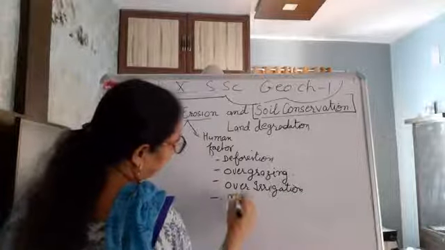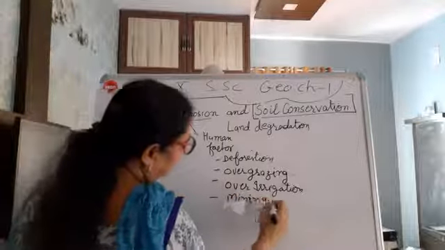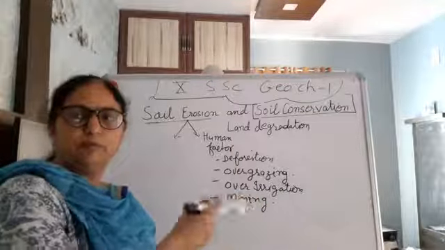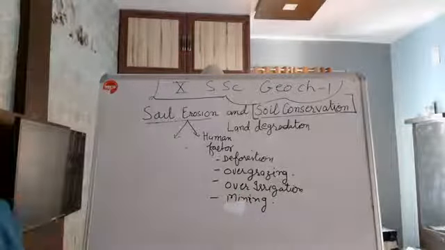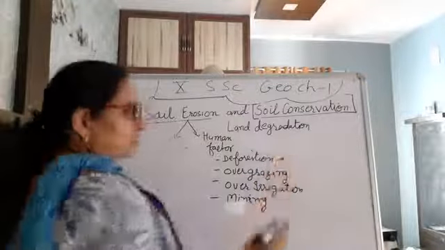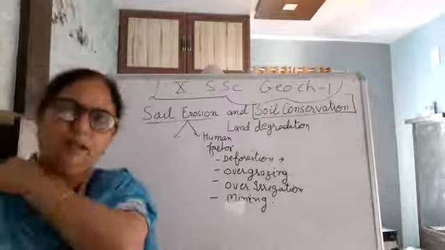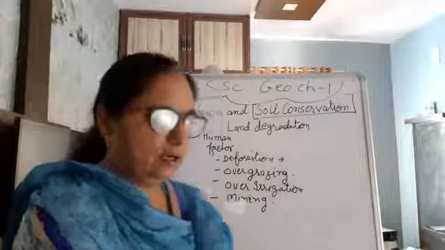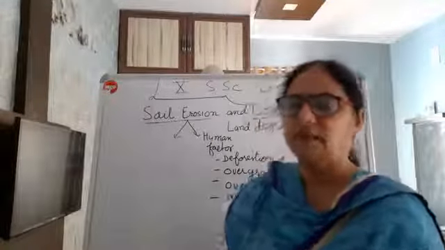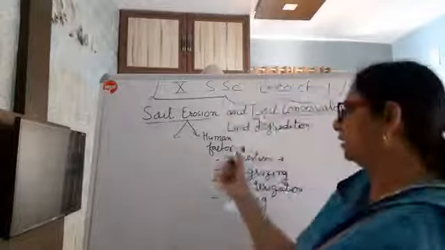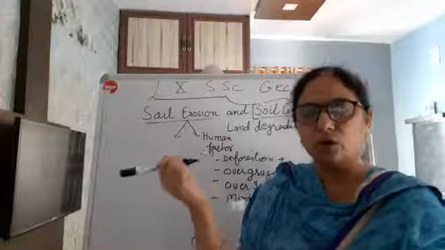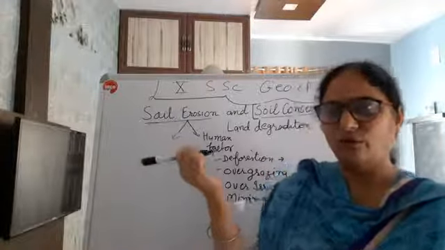over-irrigation and mining. In my previous video, I explained the states also particularly responsible for one type of soil erosion. First, as I told you regarding deforestation, it is all over India, everywhere where population increases, and to fulfill the needs of the increased population, we cut down the forest to make buildings, hospitals, roads, schools, and so on, right?